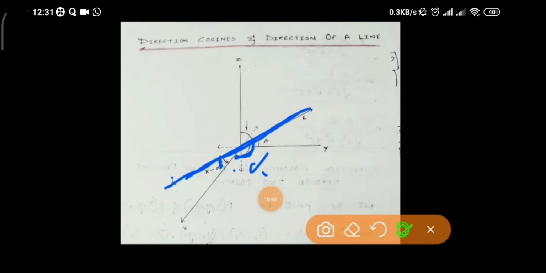Now if this is the line, it's making alpha angle here, beta angle here, and gamma angle here.